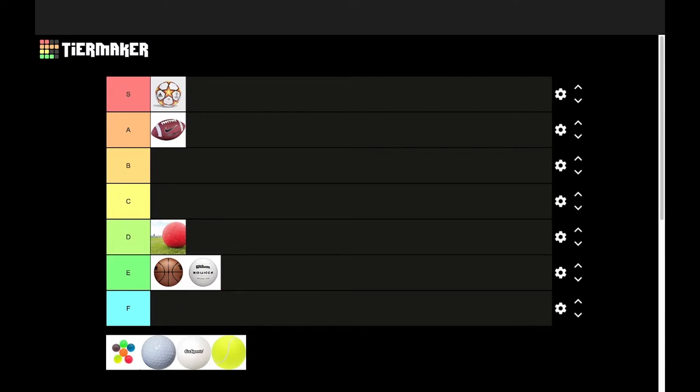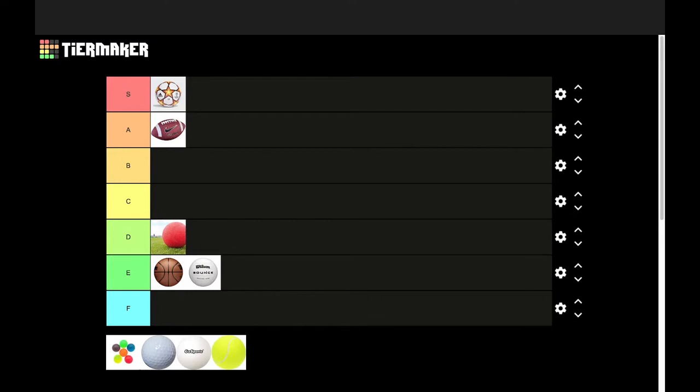All right. Next, we have the tennis ball, which has a mass of 0.0577 kilograms. What are your thoughts on the tennis ball? Well, the tennis ball is a nice small ball. It has a very small mass, but it's one of those balls that is very fast to throw.